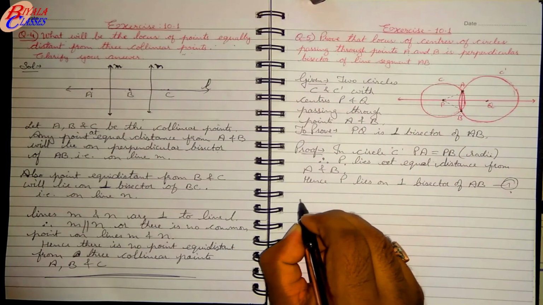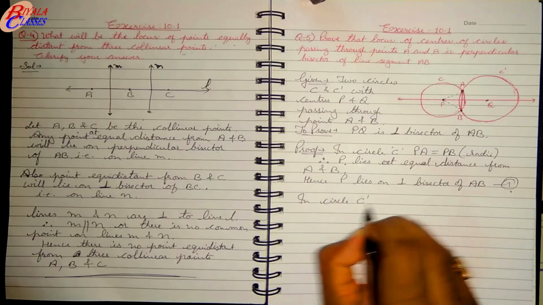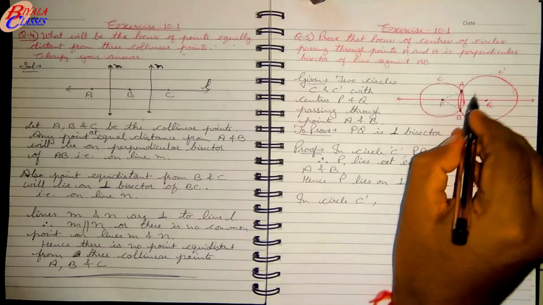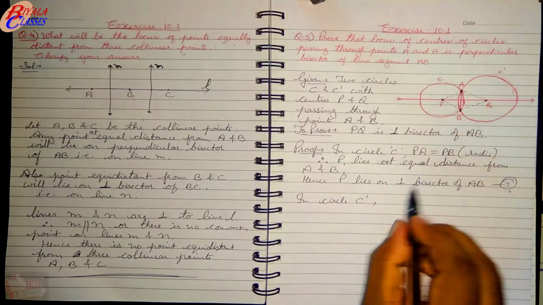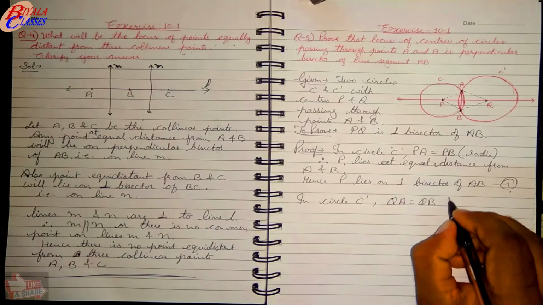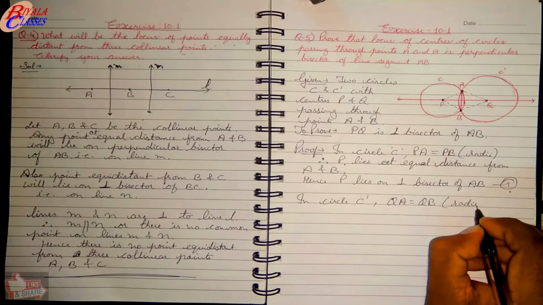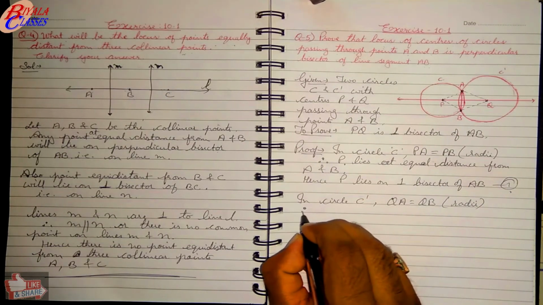Similarly, in circle C dash, these two QA and QB, they are the radii. So QA equals QB, it's again the radii. Radii is the plural of radius.